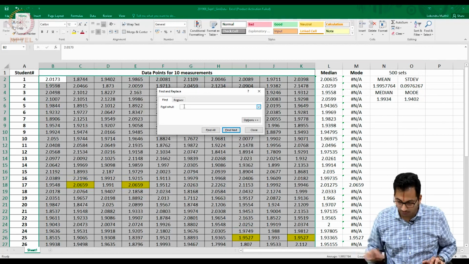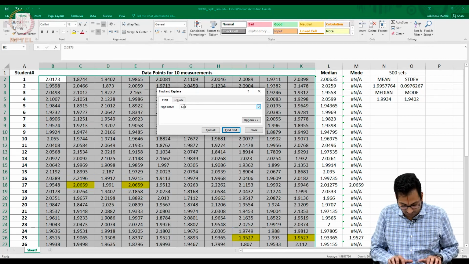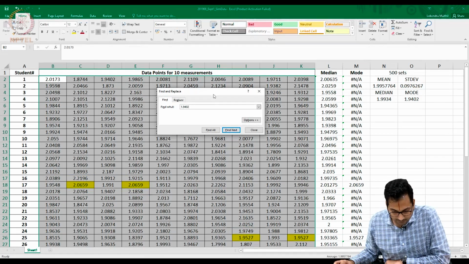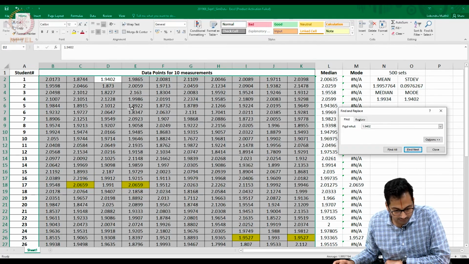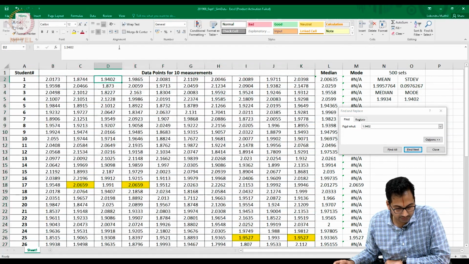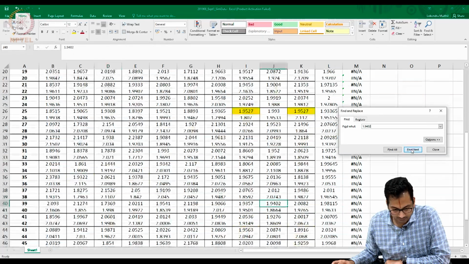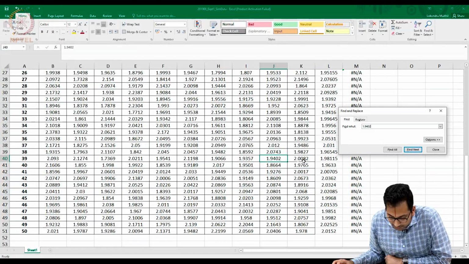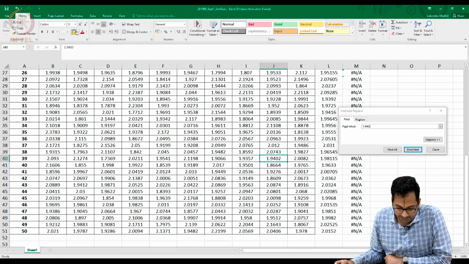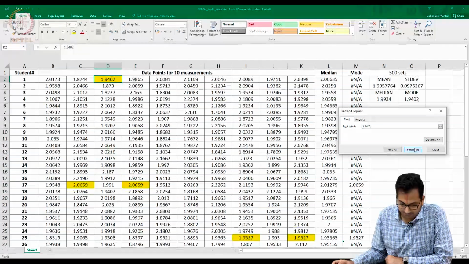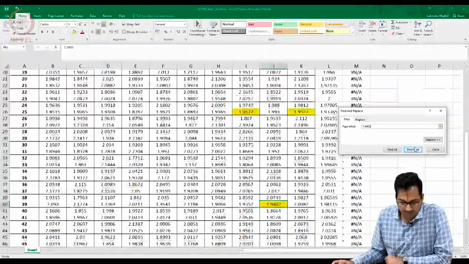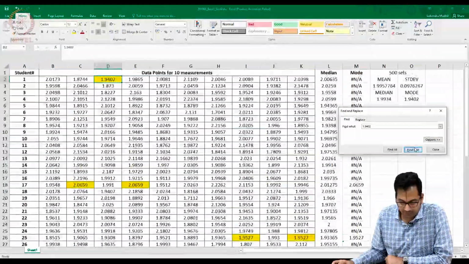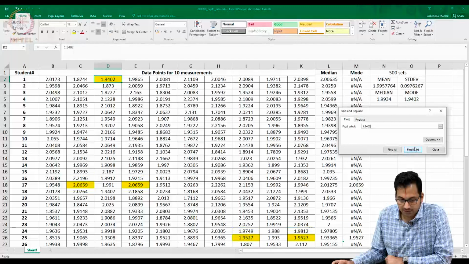So let's say find what? 1.9402. There you go, that is the first occurrence. Where is the next occurrence? There is the next occurrence. So basically this appears twice.